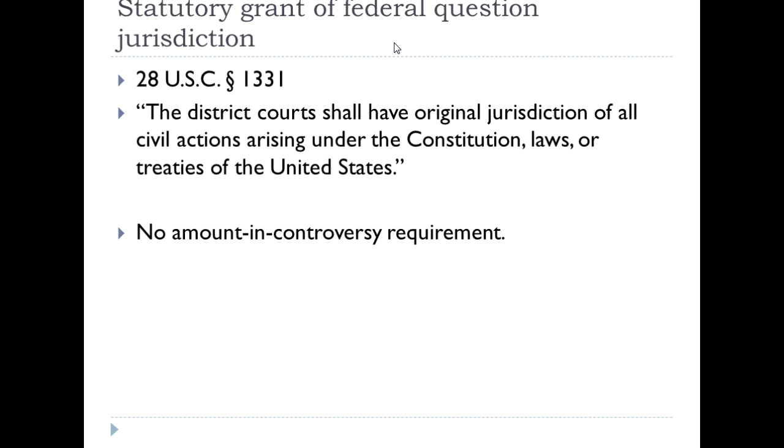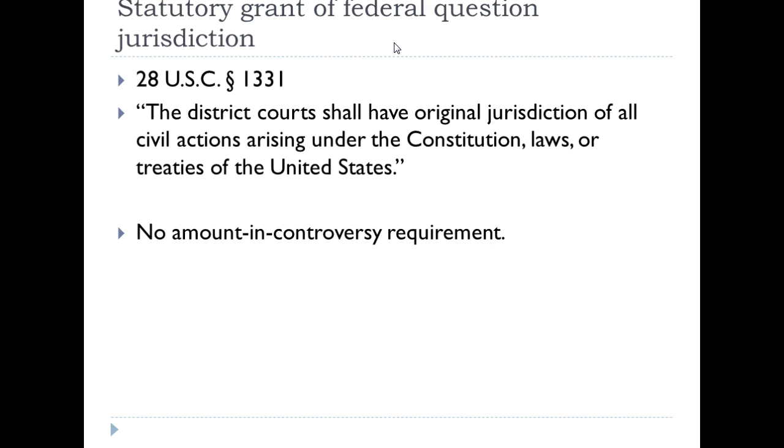So we were talking about the two requirements for a federal district court to have jurisdiction of a case that involves a federal question. The first grant was, of course, by the United States Constitution in Article 3. The second level of authority that the federal district court needs is a statutory grant by the Congress of the United States.